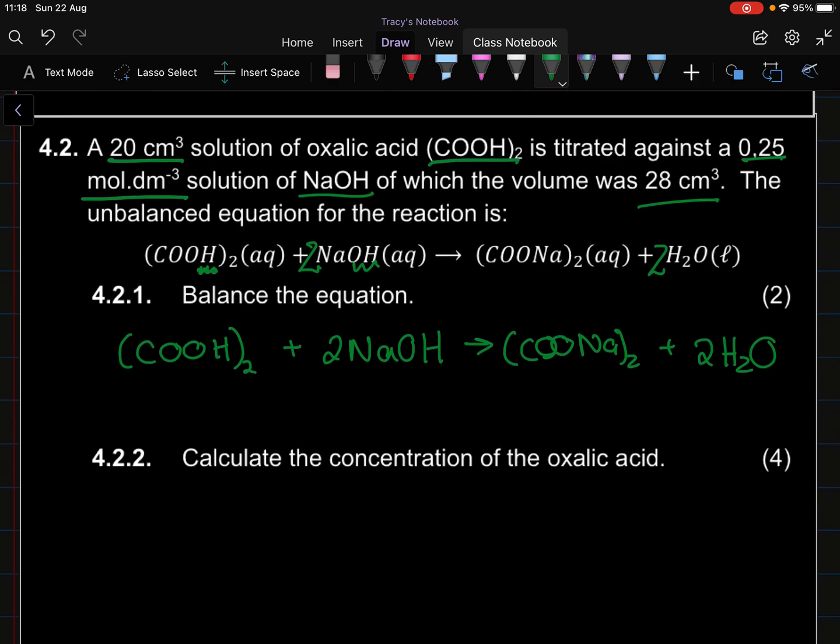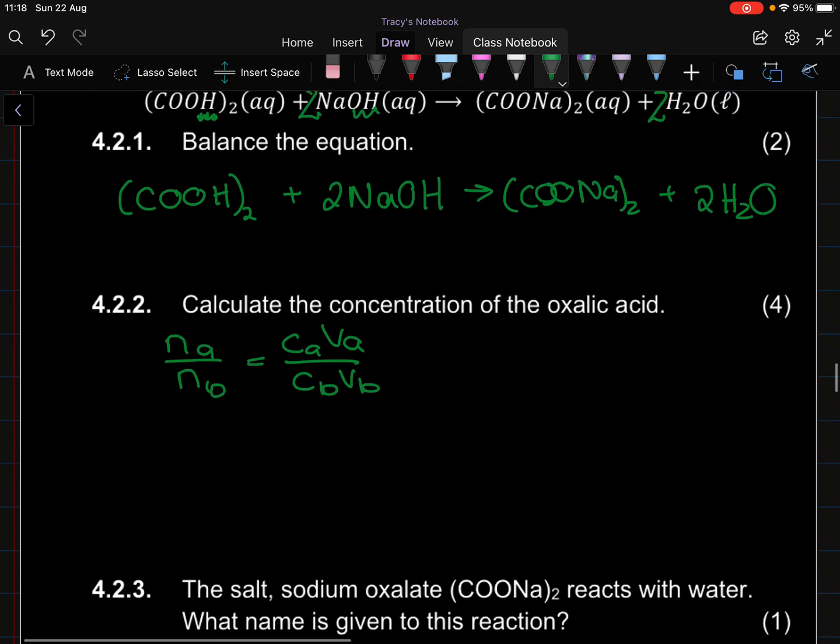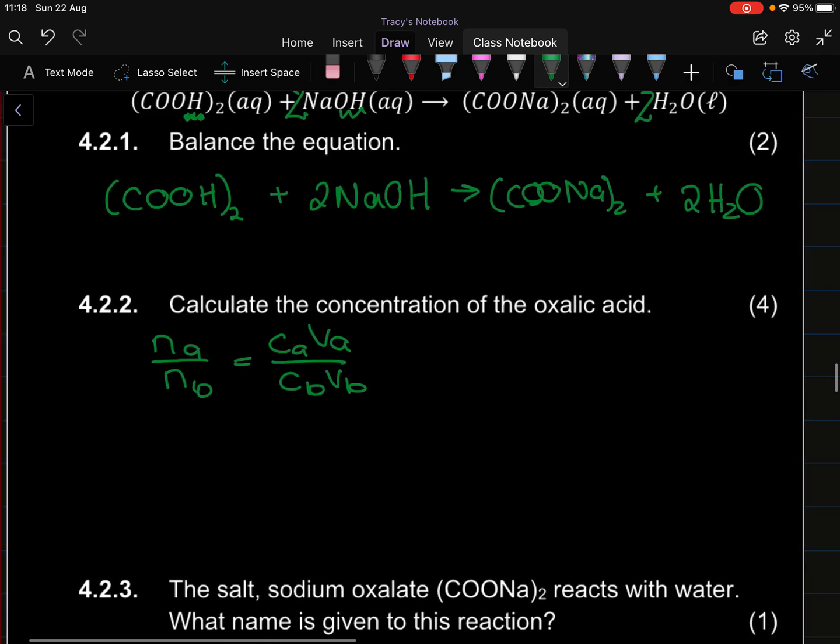The simplest is to use our equation Ca Va over Cb Vb equals Na over Nb. The reason being that I know the volume of the acid I use, I know the concentration of the base, and I know the volume of the base, and the mole ratio comes from the equation. So this mole ratio becomes 1 over 2.